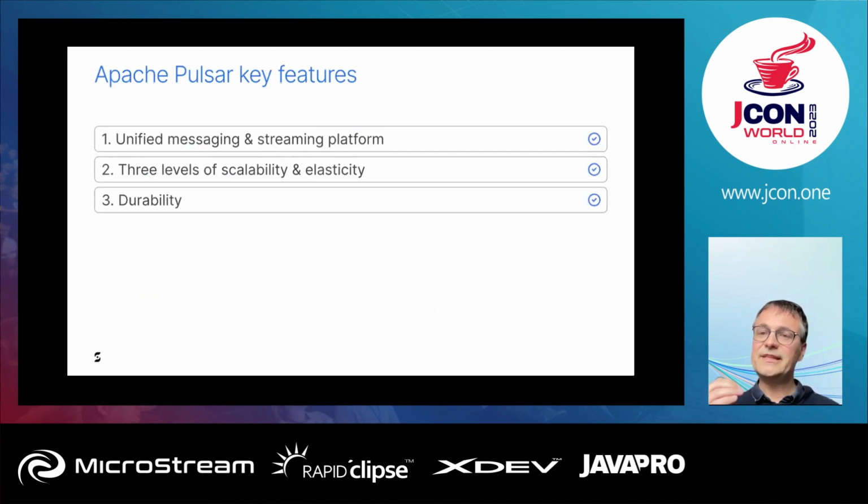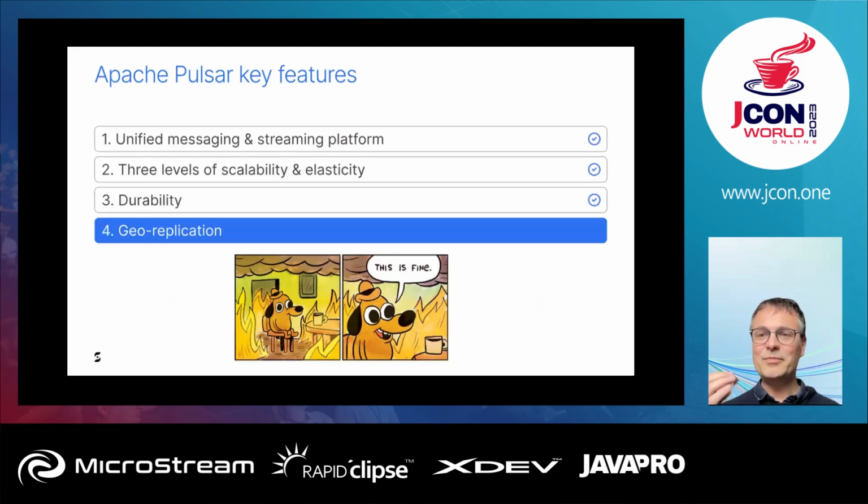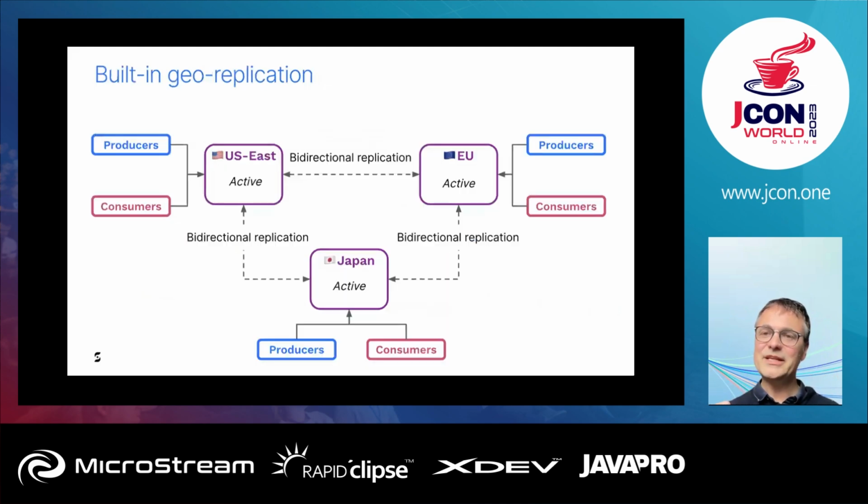All right, so we've seen what happens when you lose a node, but what if you lose a whole region or a data center, right? And that's where geo-replication steps in. Geo-replication provides disaster recovery. So you have several clusters deployed in different regions or different data centers.